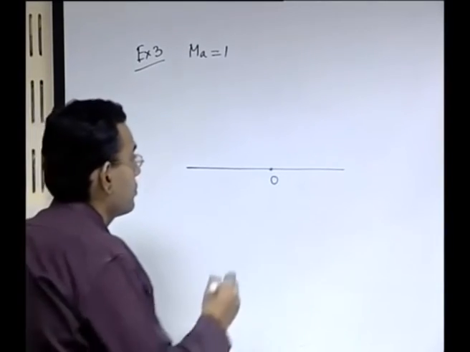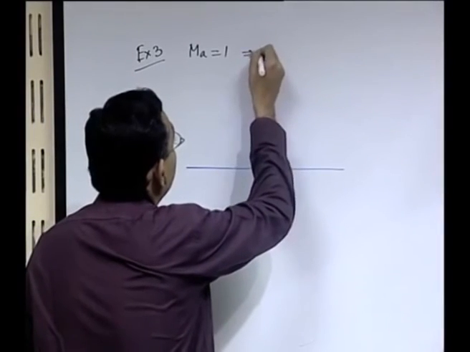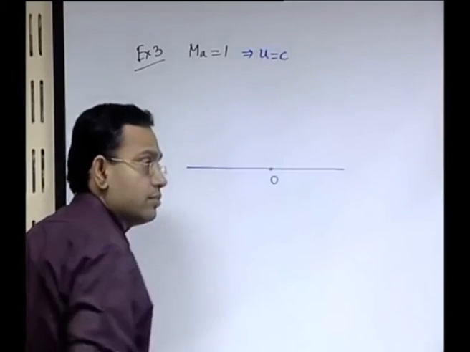Mach number equal to 1 means u equal to c.